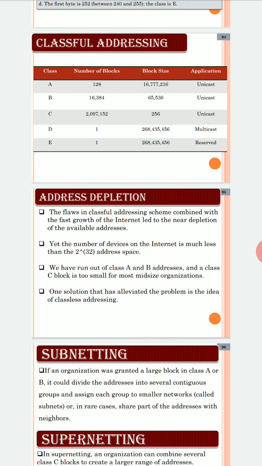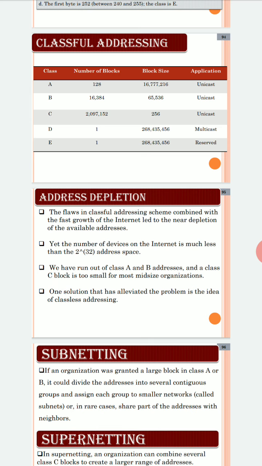But when we take class C addressing, the problem is that only a few addresses will be available, so there will be a shortage of addresses in class C. In the first two cases, class A and class B, the number of organizations we can assign is less, but for a particular organization we can assign more than 1 crore addresses.